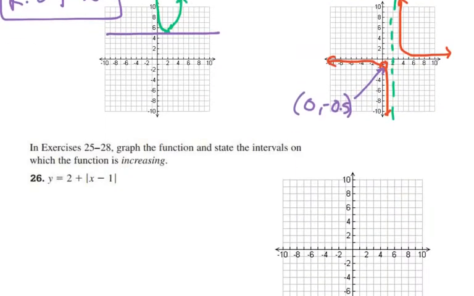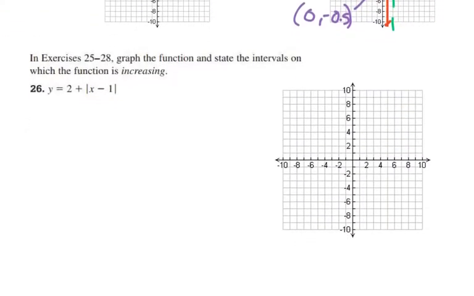Alright, then our next question, we need to graph the function and state the intervals on which the function is increasing. Super. So of course you can graph this by hand if you want, by plugging in some numbers, but no thanks.